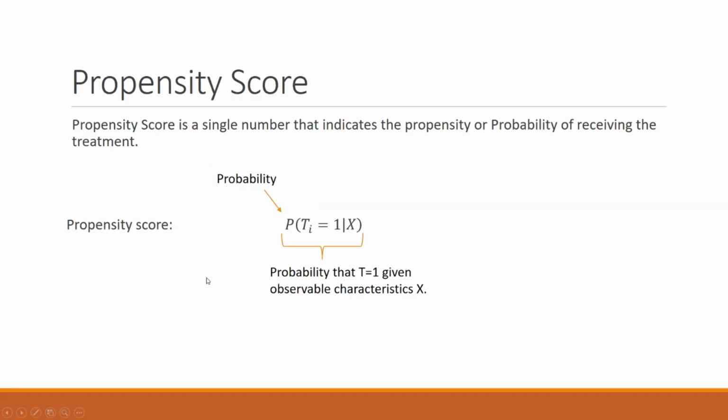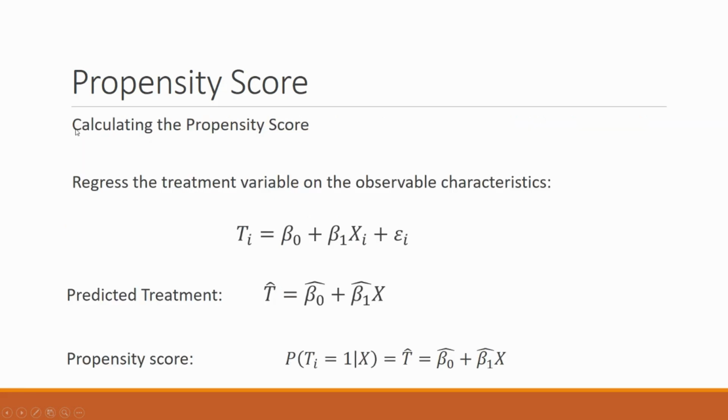All right, so what is the propensity score? Like I said, the propensity score is the probability of being in the treatment, or probability of receiving the treatment, or probability of having the treatment. So the probability of owning a textbook given the observable characteristics X. The probability of being in the treatment group conditional on the observable characteristics X. All right, so how do we calculate the propensity score?